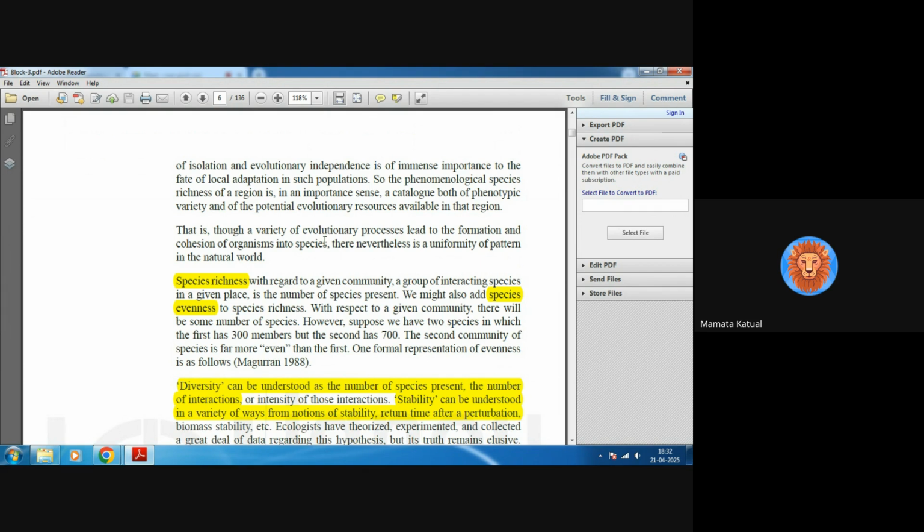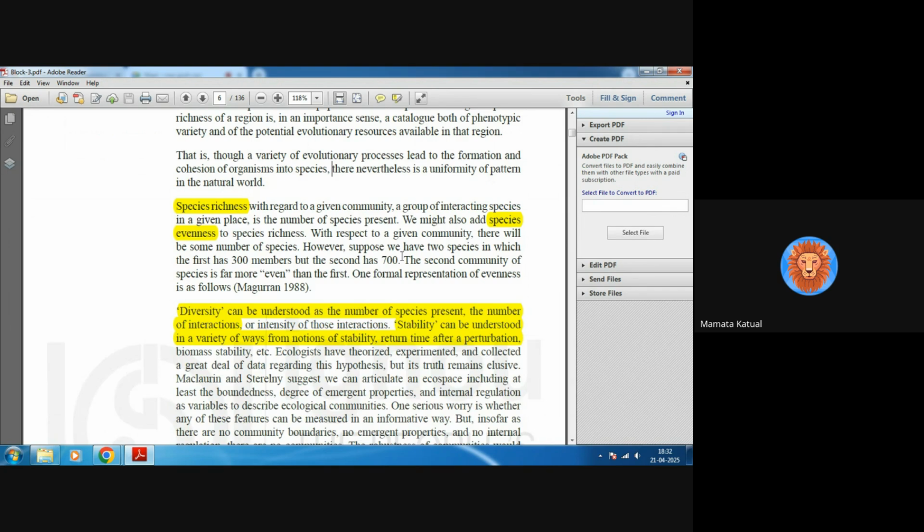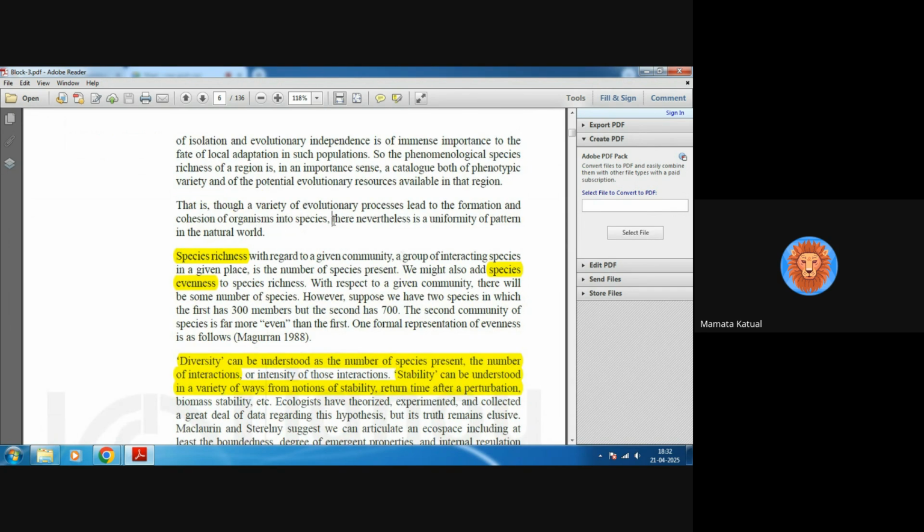And through the evolutionary process, the different species are produced, and we can recognize these species. So species is the basic unit of classification, and that is also the unit in conservation biology.